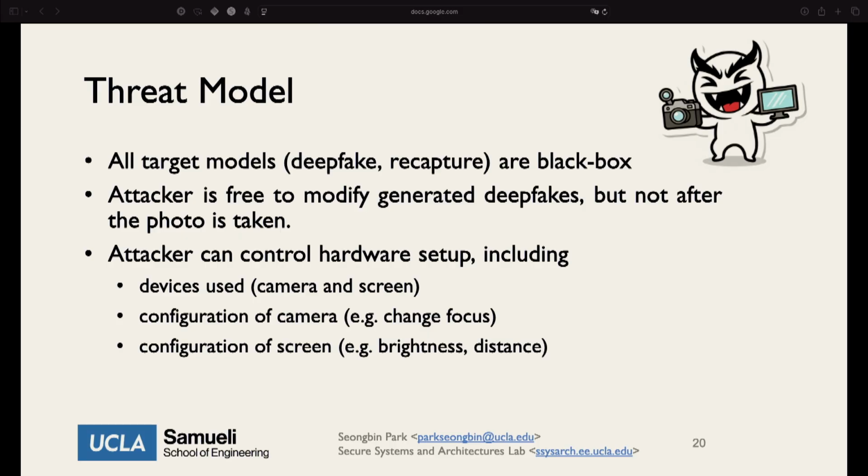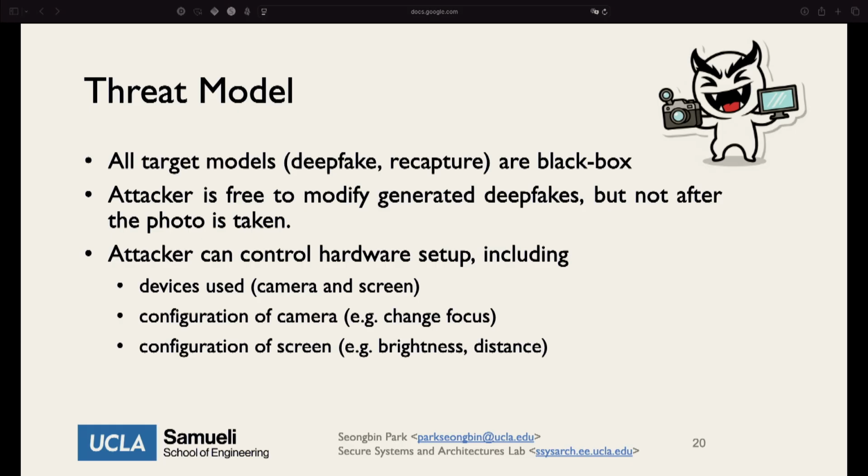The threat model for our attack is that we treat the recapture detectors and deepfake detectors as black box models. This means that we don't have access to their weights or anything, so we can't do an adversarial noise type of attack that uses the weights. Additionally, the attacker is free to modify the generated deepfakes, but not after the photo is taken. And lastly, the attacker can control the whole hardware setup.